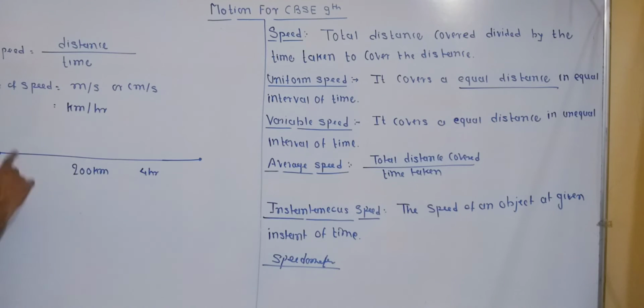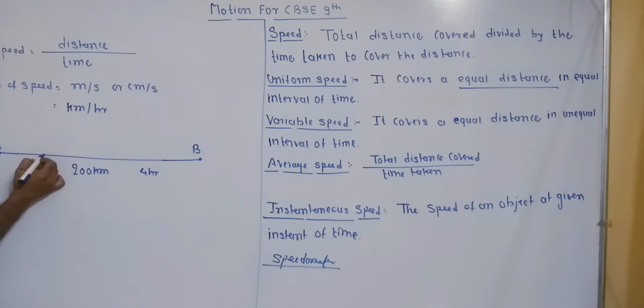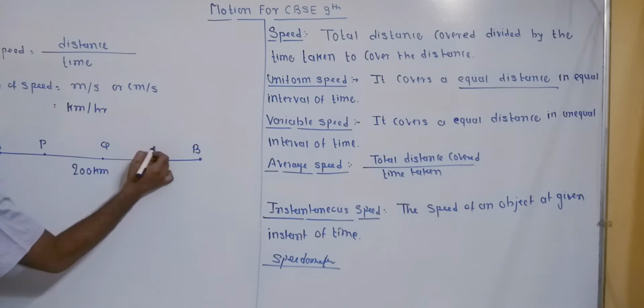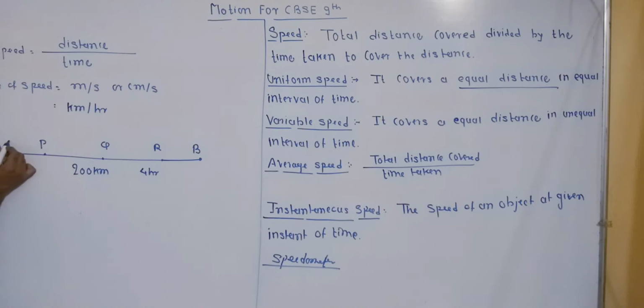Then what is the uniform speed of that body? This body is moving from point A to B, that is 200 kilometers, then from A to P, P to Q, Q to R and R to B. Exactly the distance is 50 kilometers in 1 hour.